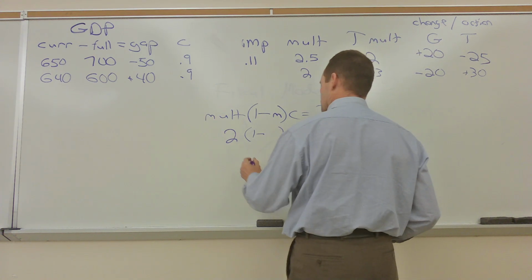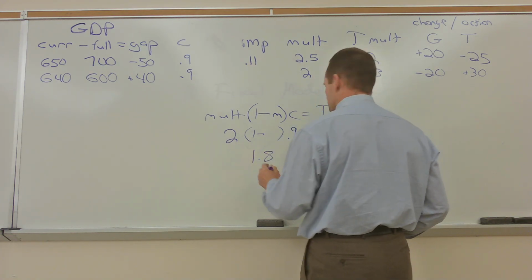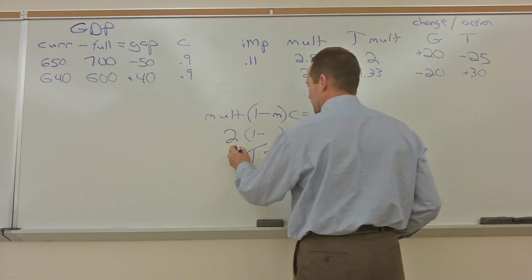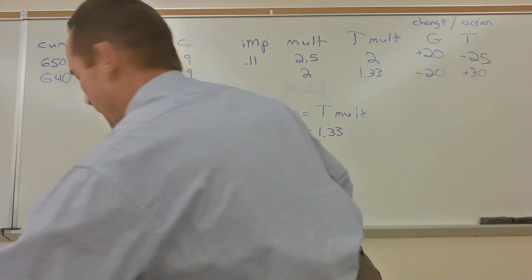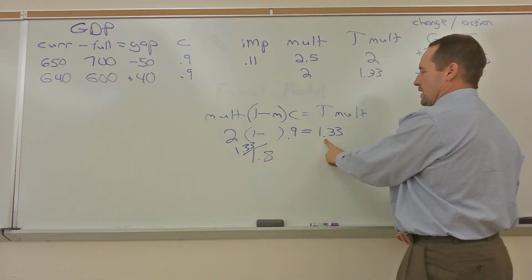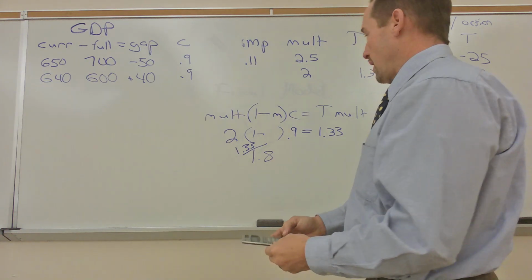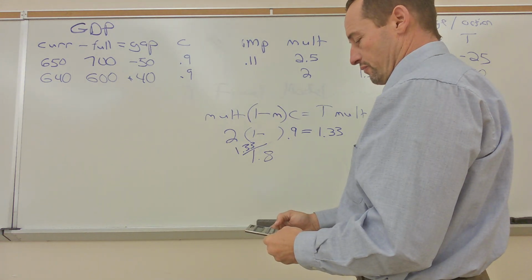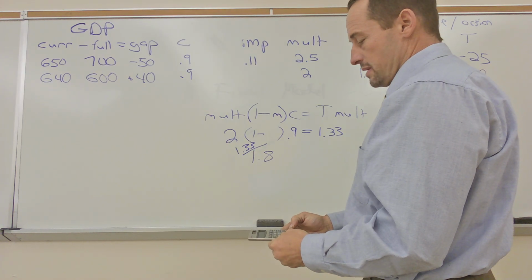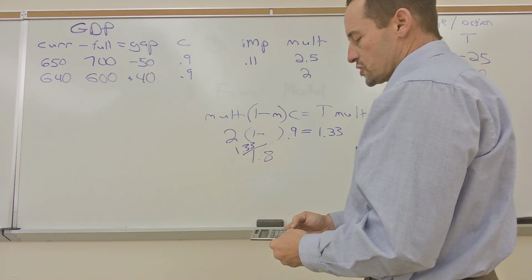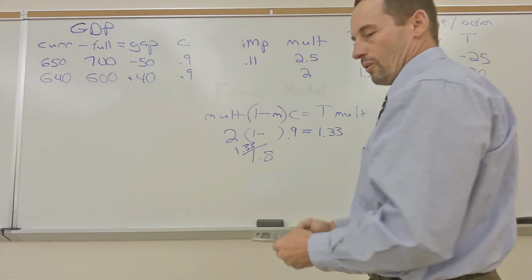So what we're saying is 1.8 is what portion of 1.33? Firing up my calculator, I have 1.33 divided by 1.8, which gives me 0.74.